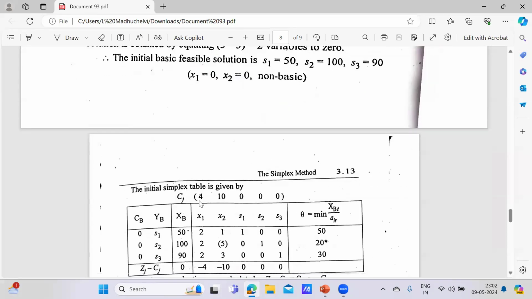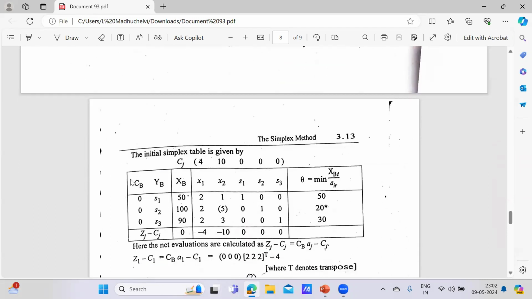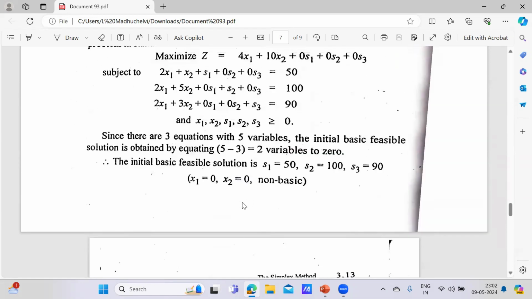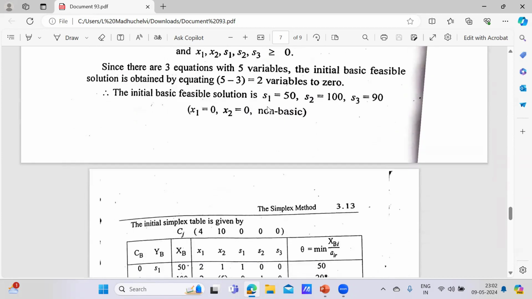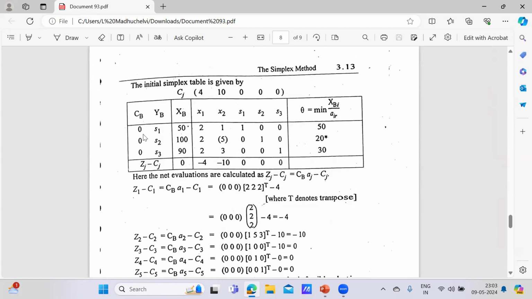So we enter 4, 10, 0, 0, 0. Next, we fill up CB. CB denotes the coefficients of the basic variables in the objective function. The basic variables are S1, S2, S3, so their coefficients are 0, 0, 0.